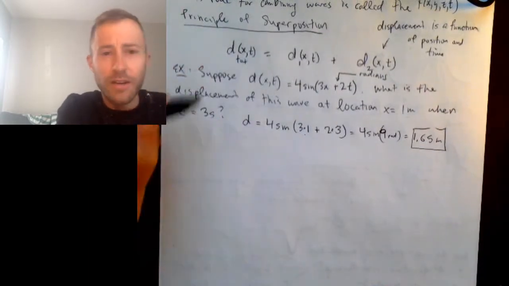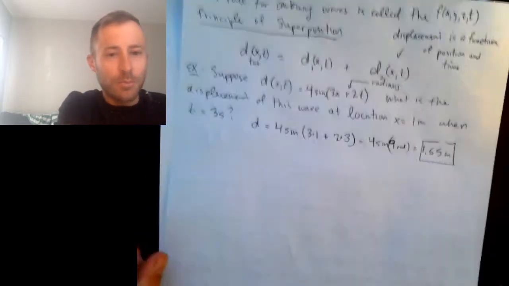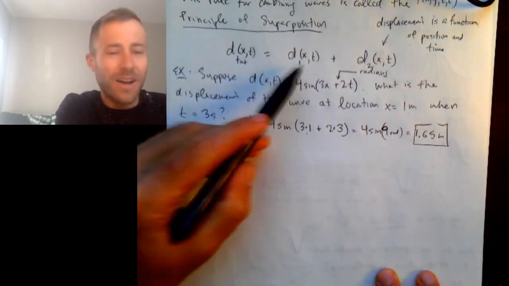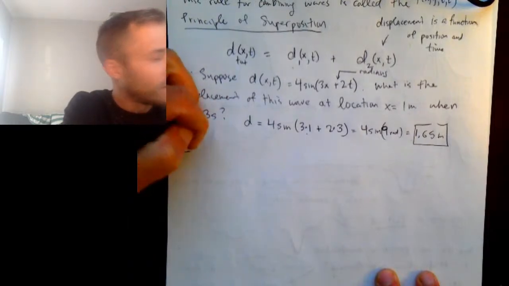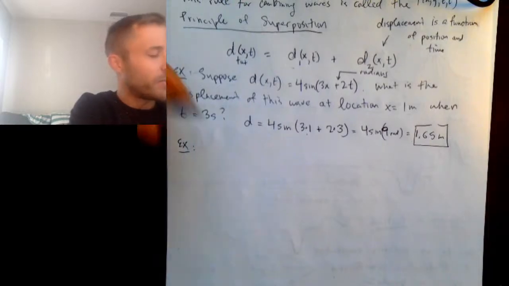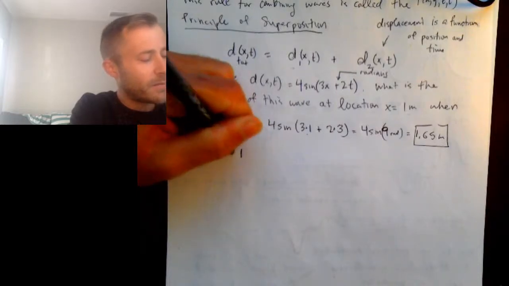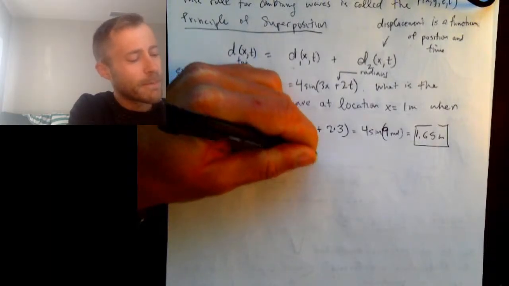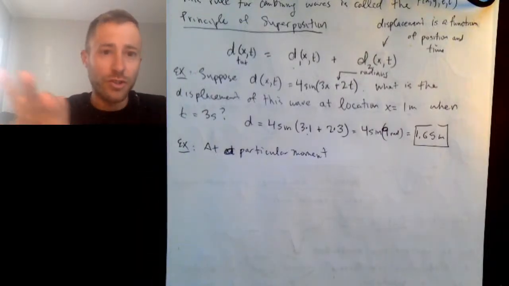So we can describe waves in terms of graphs, or we can describe waves algebraically. Describing it algebraically means that you actually have a mathematical formula. Now let's do another example. At a particular moment, and the reason I have to say at a particular moment is because waves are always changing.